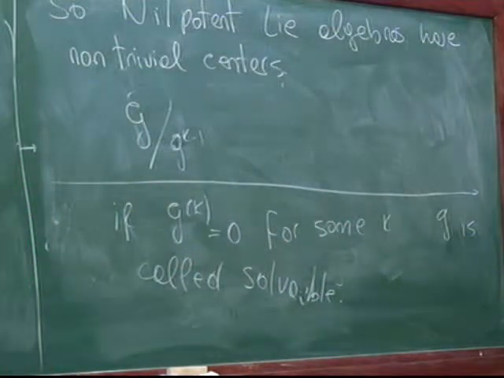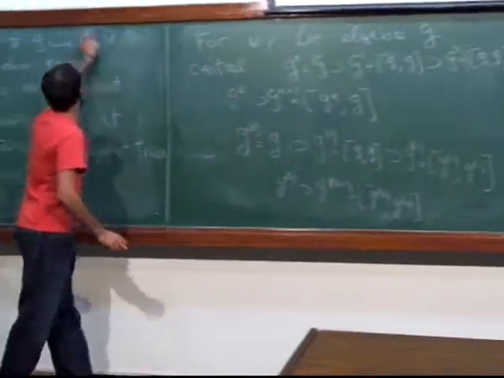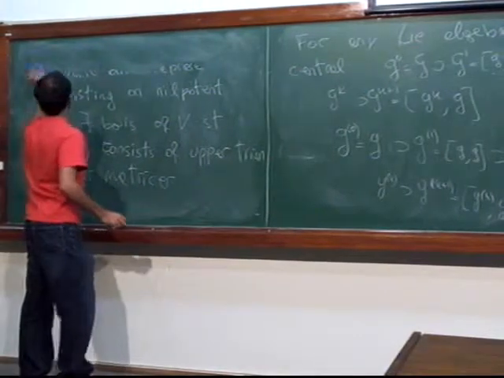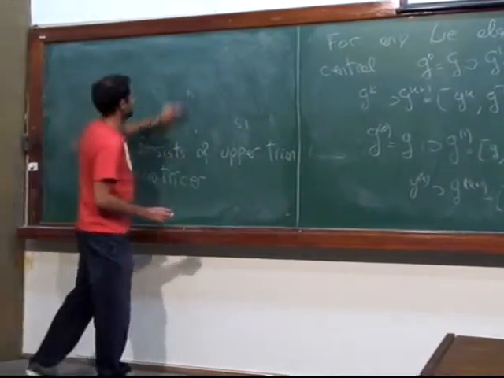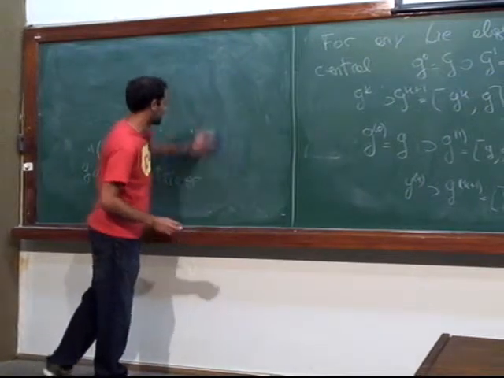Well, the typical example for nilpotent Lie algebras we already know. It's strictly upper triangular matrices. And the typical example for a solvable Lie algebra is non-strictly upper triangular matrices.